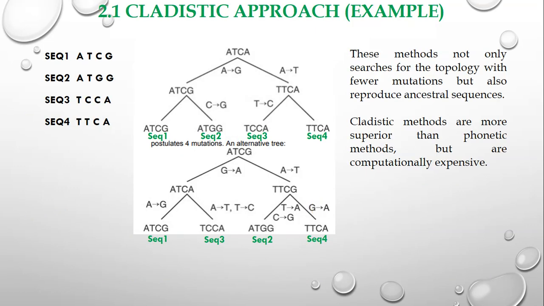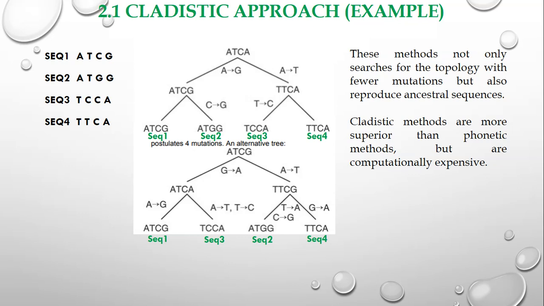Okay, so how does this method work? Suppose once again we have 4 sequences: sequence 1, sequence 2, sequence 3 and sequence 4. So the program will try different combinations. For example, in this case the program will try 3 combinations, but on the slide you can see 2 combinations. That's okay. I actually want to give you a basic idea.